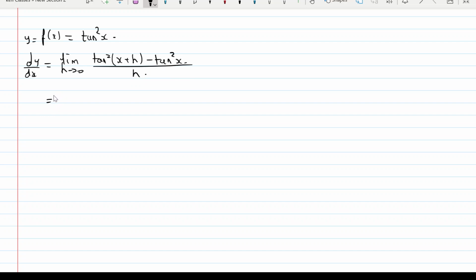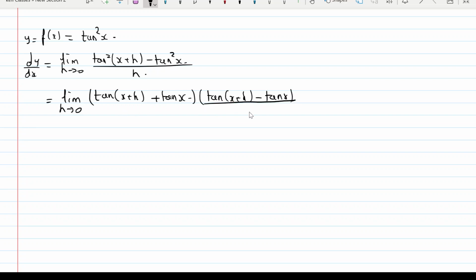to factorize it. So it will be limit as h tends to 0 tan of x plus h plus tan x into tan of x plus h minus tan x divided by h.